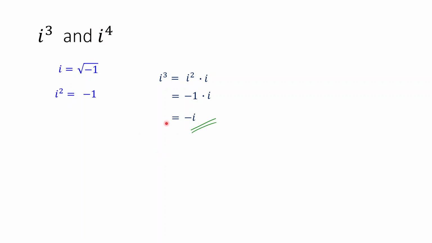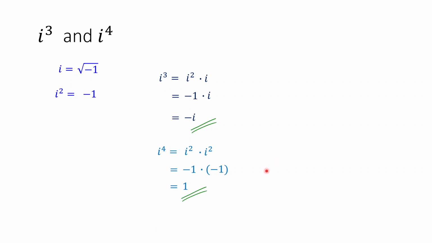Now what is i to the fourth power? I to the fourth can be written as i squared times i squared, which is negative 1 times negative 1, that is positive 1.